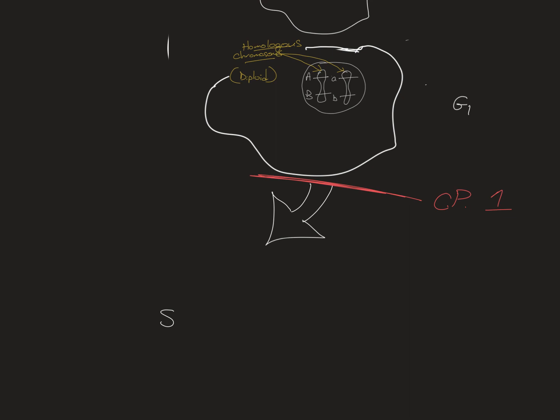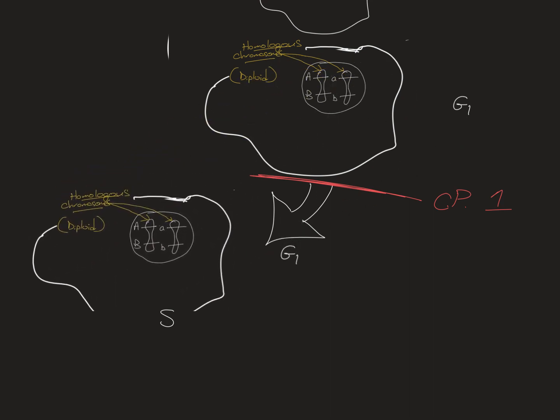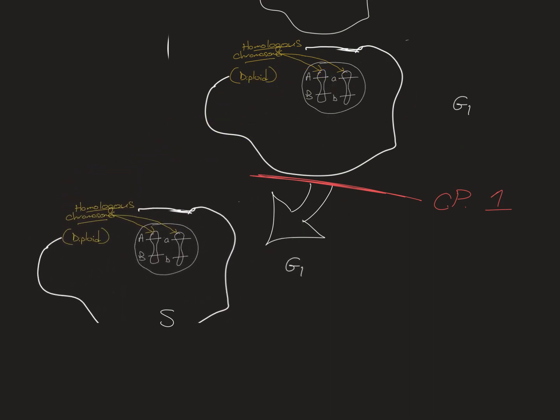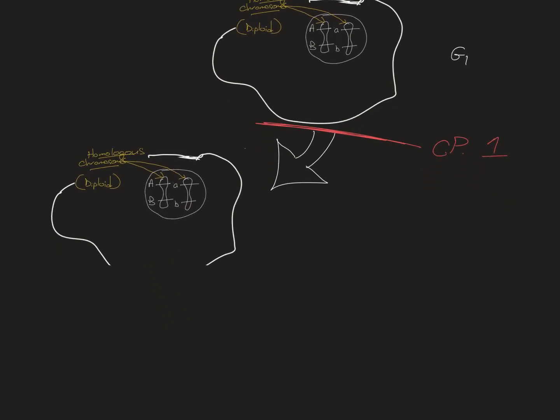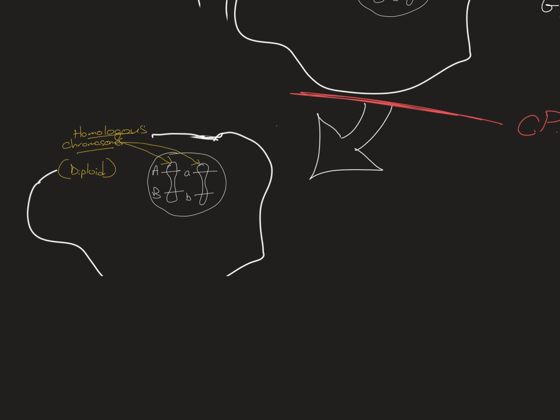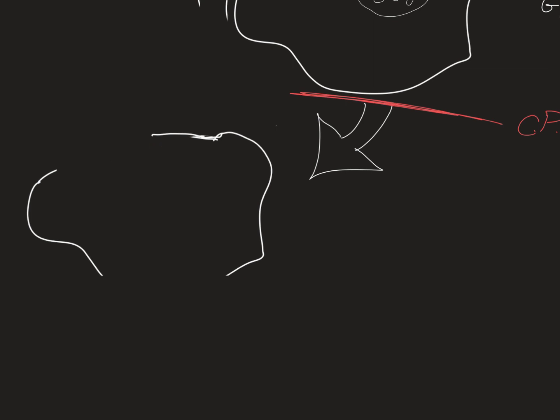What do we end up with at the end of S phase? Two sets of homologous chromosomes. There are still homologous chromosomes, but we end up with two sets. Does everybody understand that?